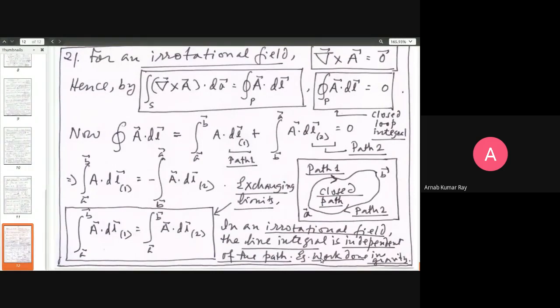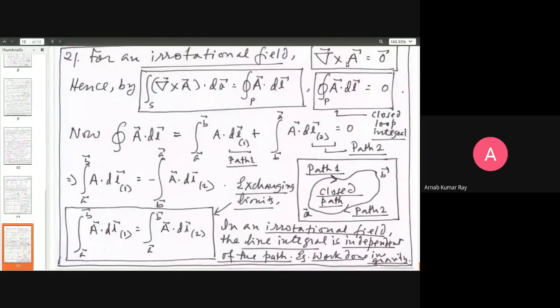You can take the stairs. You can carry it up by scaling along the wall. Any way you go, starting from the ground to the roof of your house, whatever be the path that you take, it will not matter. What matters is the field. So curl of A is equal to 0.